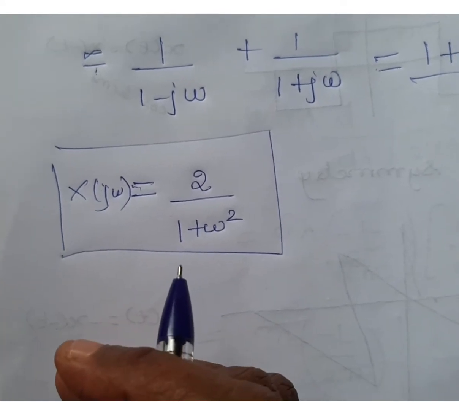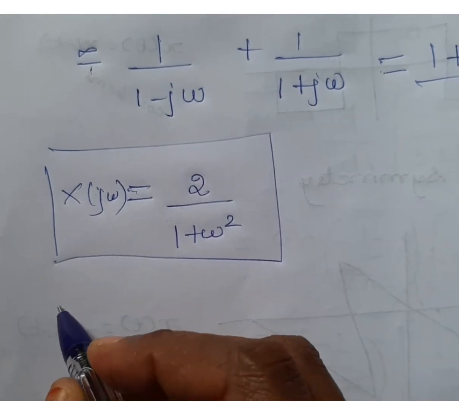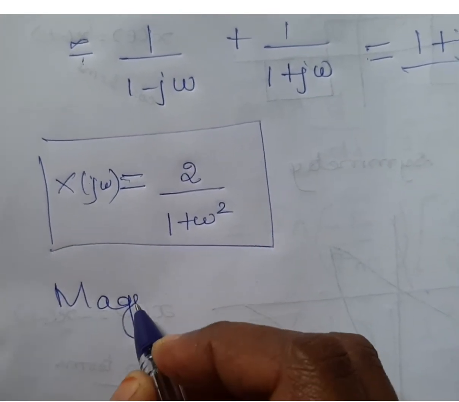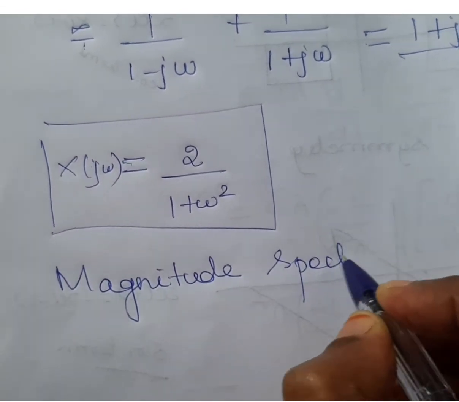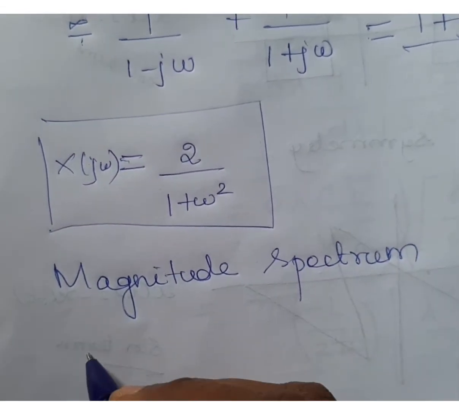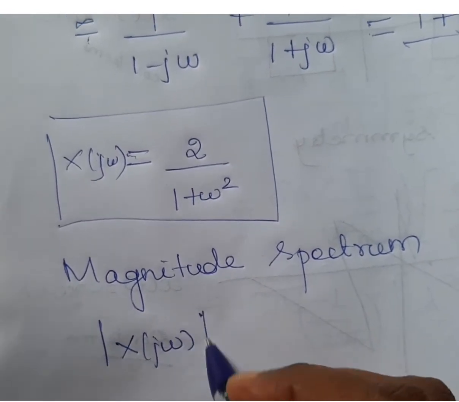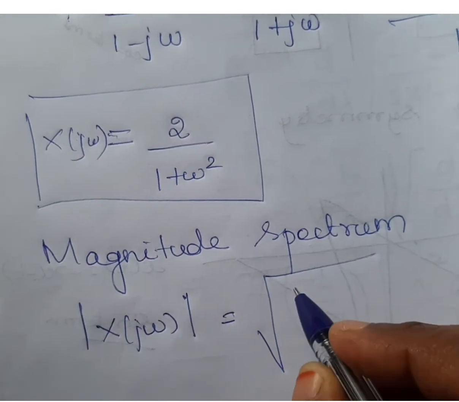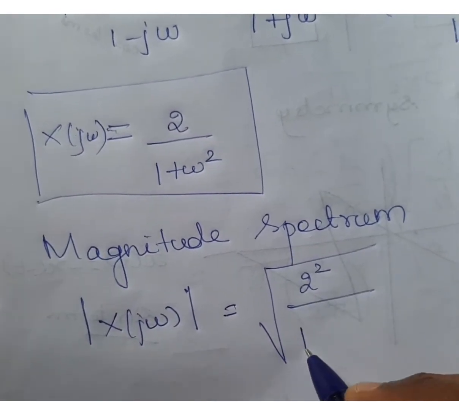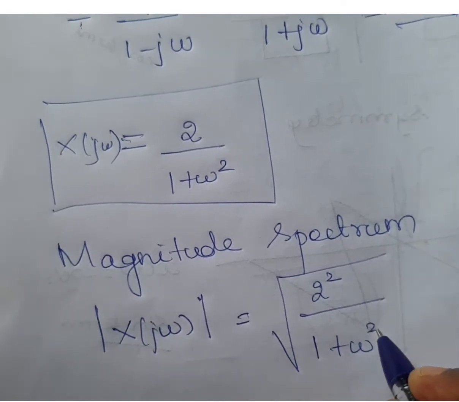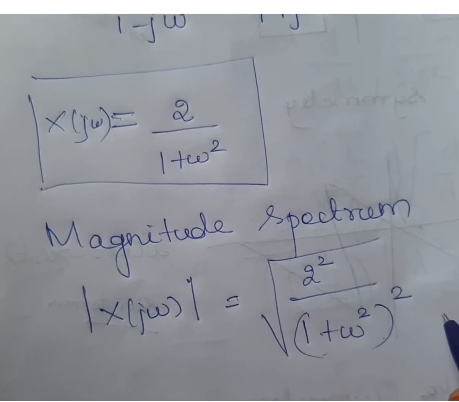Next we are going to plot the magnitude and the phase spectrum. Okay, so in order to plot, first we are going to plot the magnitude spectrum. So magnitude spectrum is magnitude of x of j omega is equal to root of, so in the numerator the real part squared, imaginary part squared is 0, denominator 1 squared plus omega, that is 1 plus omega squared is the real part, the whole squared, okay, imaginary part is 0.